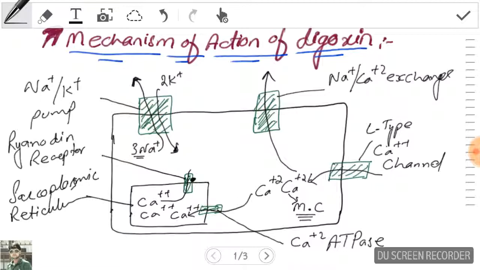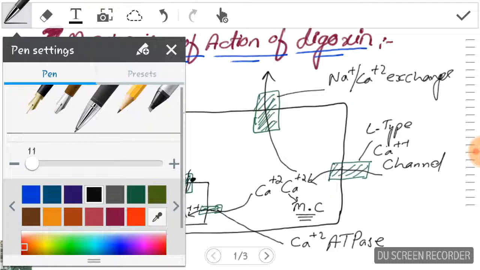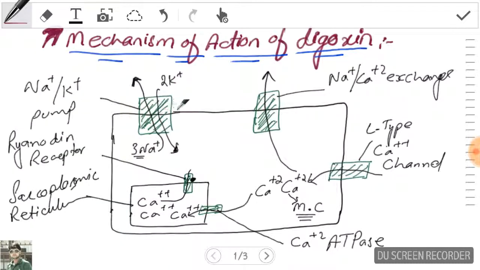So if we give the digoxin drug to a patient whose heart muscles do not work so effectively, the digoxin comes in, attaches to the sodium potassium pump and stops its functioning. It will inhibit it, so it is a non-competitive drug.